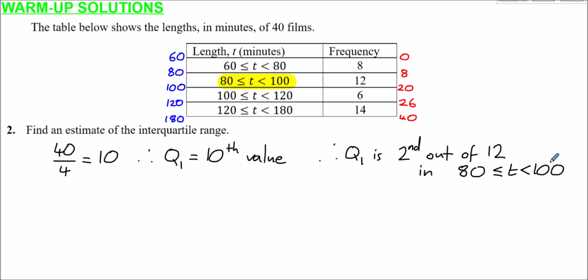So we can just write this in like so, and then we can begin to formulate how to solve it. So next we can say that Q1, therefore, we're going to start where this interval starts. So let's start at 80.